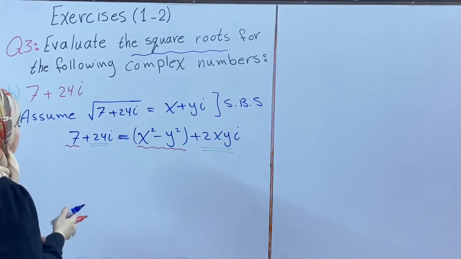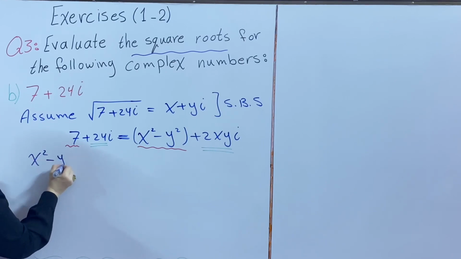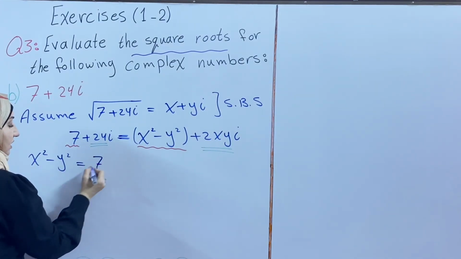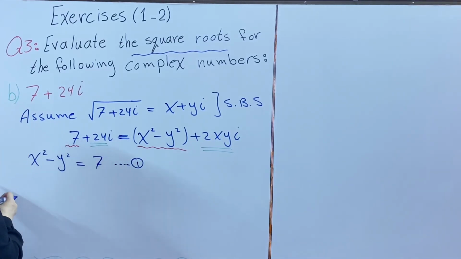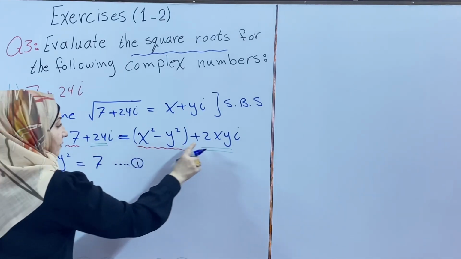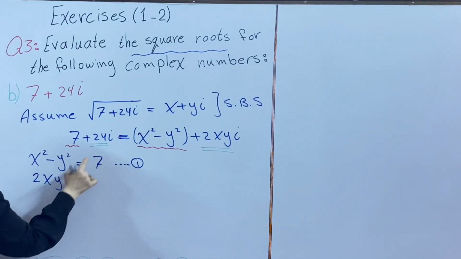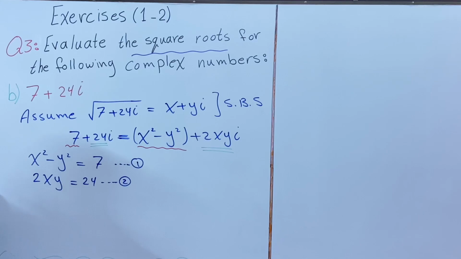So we will get x squared minus y squared, the real part, equals positive 7. This is the first equation. The second equation will be the imaginary part equals the imaginary part: 2xy equals 24. And this is equation 2.